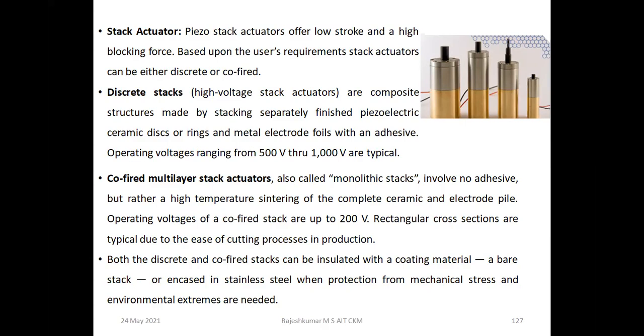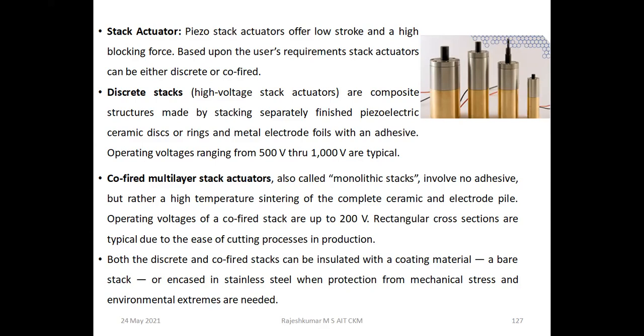That means the cutting process is used for production. So in the case of co-fired multi-layer stack actuators, they are generally monolithic stacks, which involve no adhesive but rather high temperature sintering.